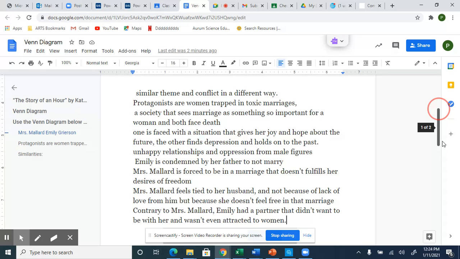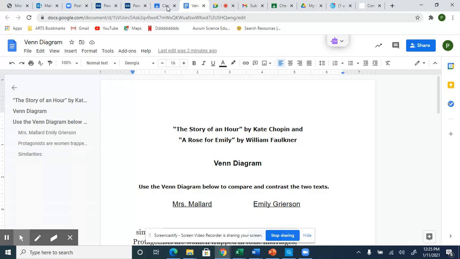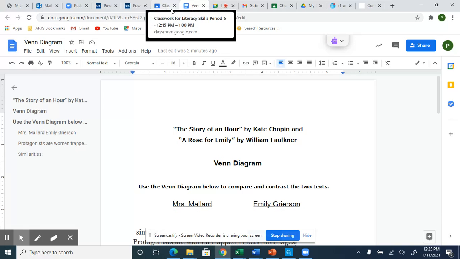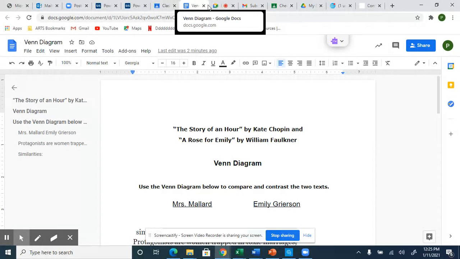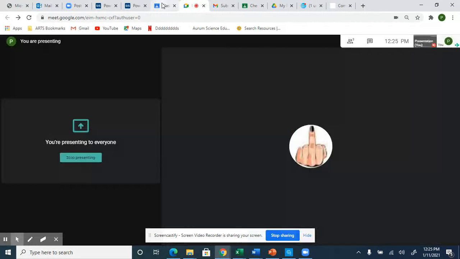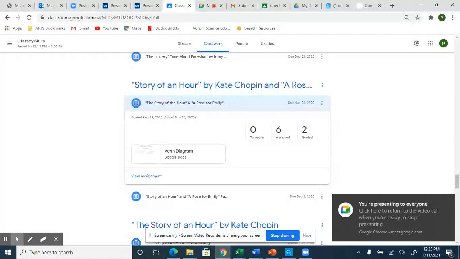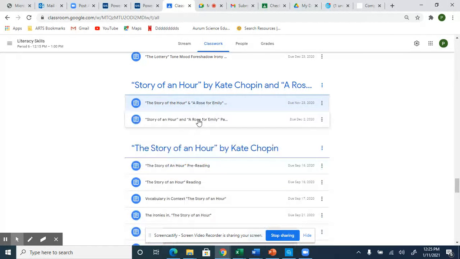Death is in both stories. So, you can take those comparisons, you see how easy it was, and then start working on the essay.